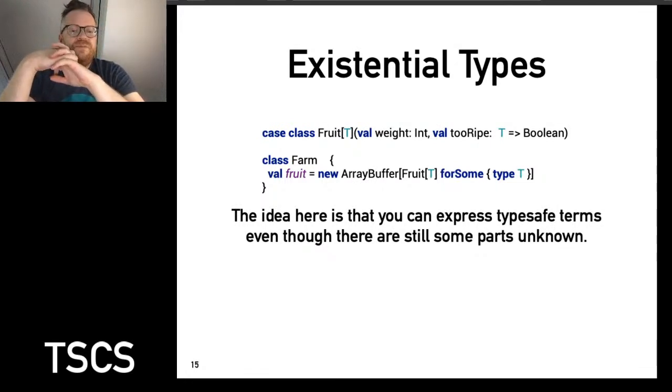Then you have a Forme, which has a value called fruit, which is an ArrayBuffer of Fruit of T for some type T. If you instantiate at that point, you otherwise would have to define what T now is. Here you can just say, okay, this is good for some type T.